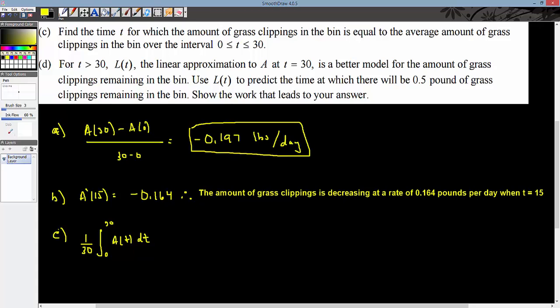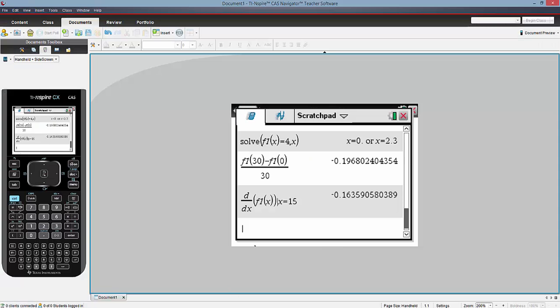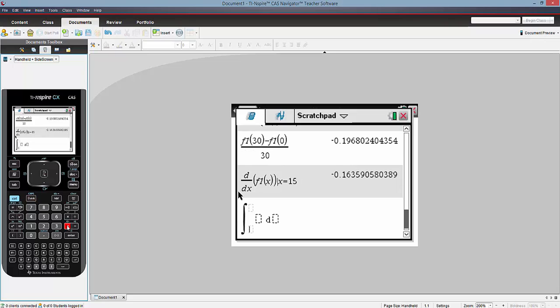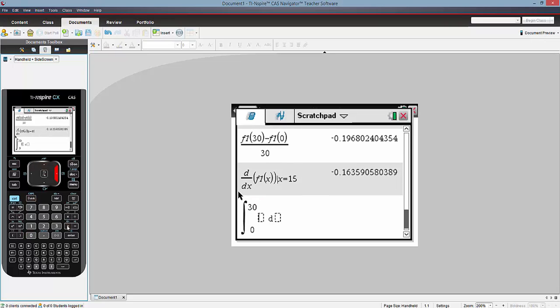Okay? So now, I'm going to go ahead and integrate this function right here. So I'm going to get the integral from 0 to 30 of f1 of x dx. Now, every time I do this, I always end up in trouble.